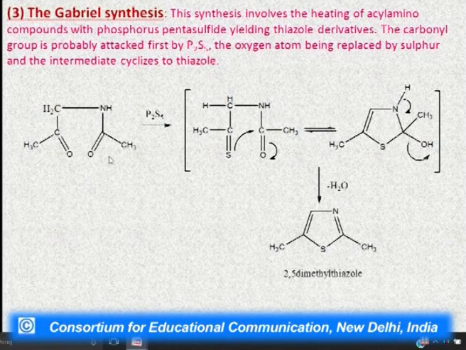Here you can see this is a di-keto derivative. First it reacts with the phosphorus reagent and one of the oxygens is substituted by sulfur, which gives an unstable state. It is a resonance hybrid of two states and is reversible, and since it is unstable, it will lose a molecule of water and cyclize immediately to give 2,5-dimethyl thiazole.